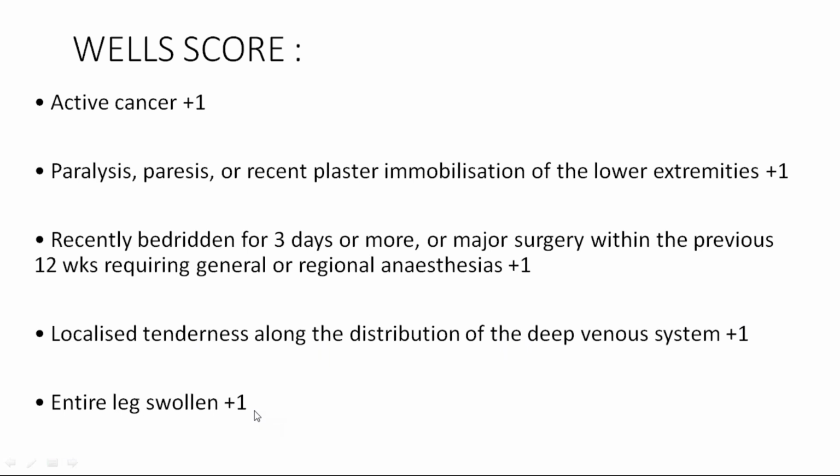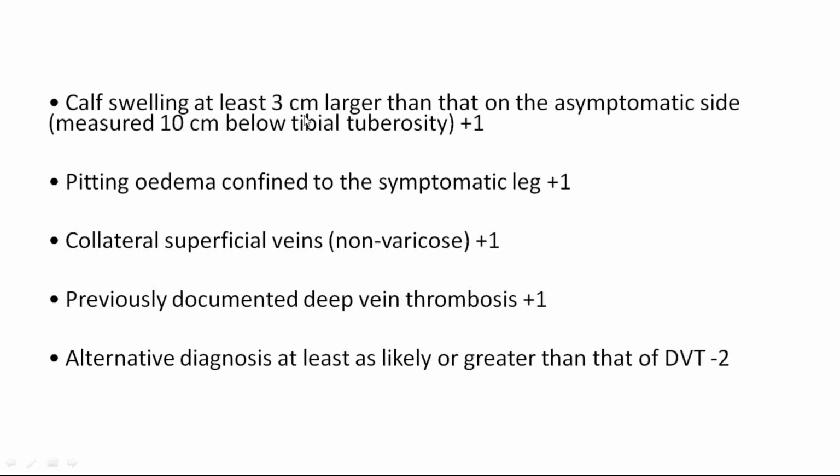And the entire leg swollen is +1. Calf swelling at least 3 centimeters larger than the asymptomatic side is given +1. Pitting edema confined to the symptomatic leg is +1. And collateral superficial veins, which are not varicose, are +1. Previously documented deep vein thrombosis is +1. Alternative diagnosis at least as likely as DVT is -2.